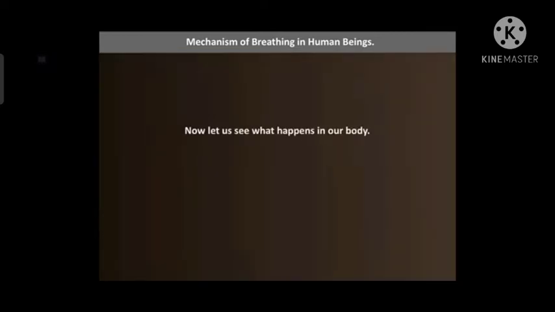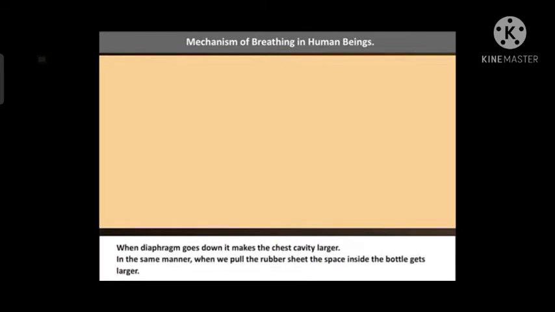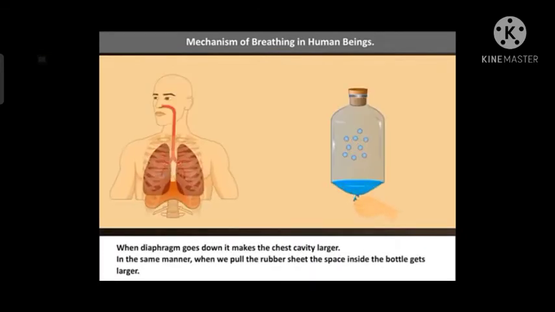Now let us see what happens in our body. The opening of tube outside the bottle is the opening in the nose, which is the nostrils. When diaphragm goes down, it makes the chest cavity larger. In the same manner, when we pull the rubber sheet, the space inside the bottle gets larger.